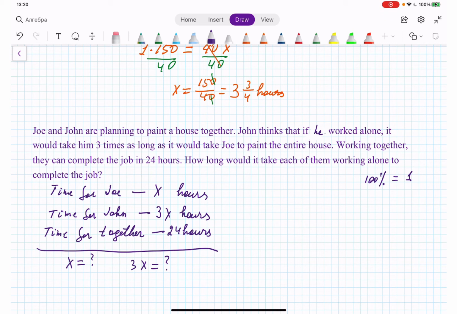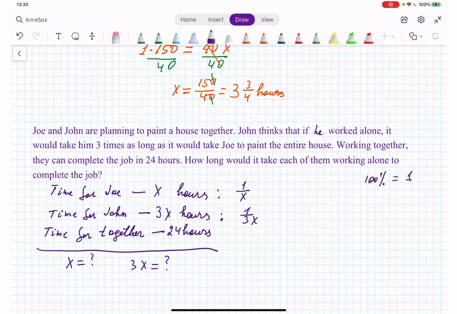So the rate of Joe: for x hours, Joe will complete 1 over x portion of the job. See, it's a rate, that's why I'm talking about portion of job. John would complete 1 over 3x portion of the job, right?